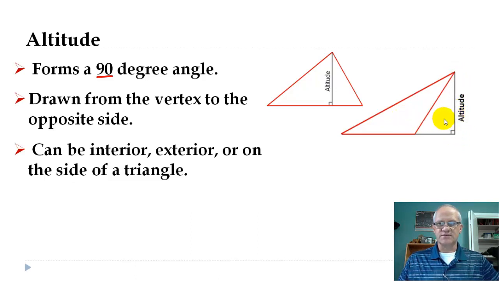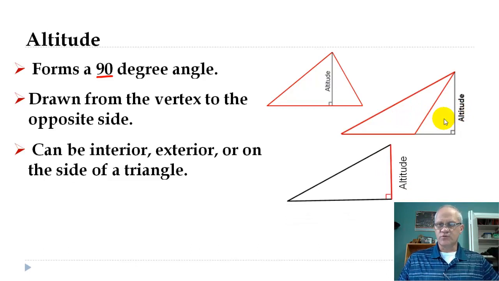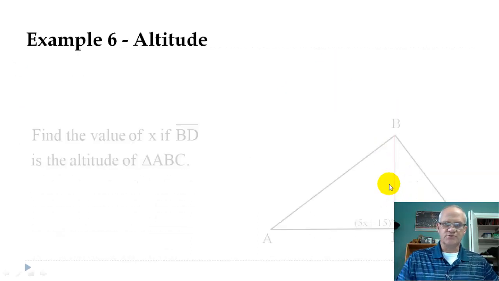It's not inside in this case. And then, of course, if you have a right triangle, the black is the triangle, and this red line is the altitude, which is right on the side of the triangle. It has to go from the vertex straight down 90 degrees. So you could have several different variations on the altitude.